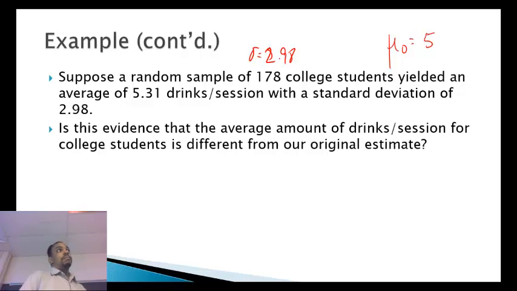I don't know. Maybe not, but we're going to go through the test anyway. Because you're thinking in your head, 5.31 and 5, practically, is that a big difference? Maybe not. Okay? So let's go through the test anyway, right?